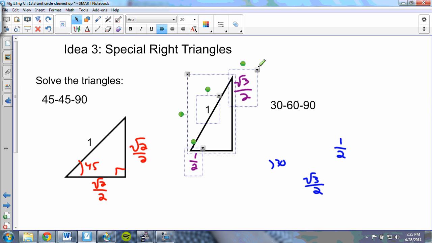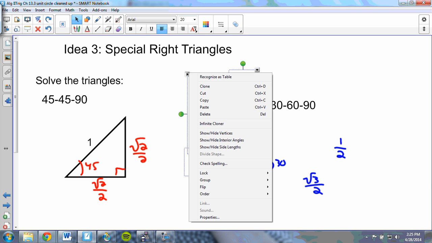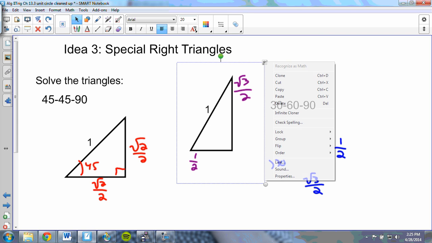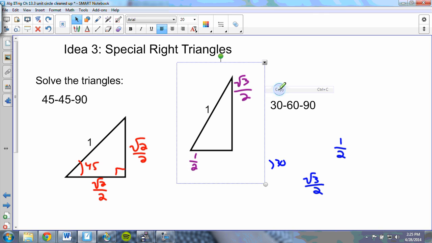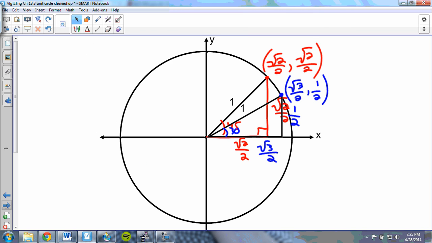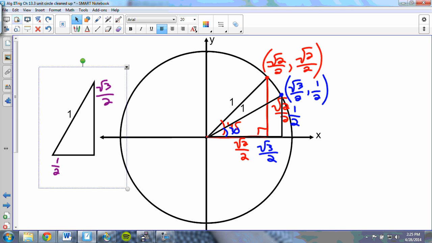And when I show this third triangle, it gives me a third point.